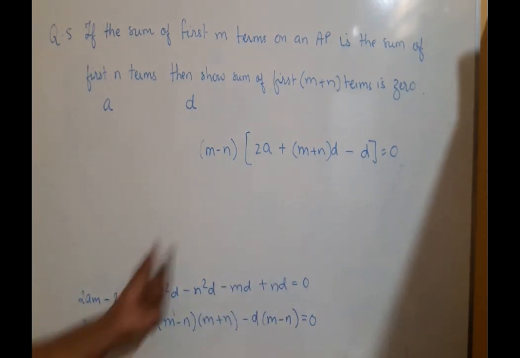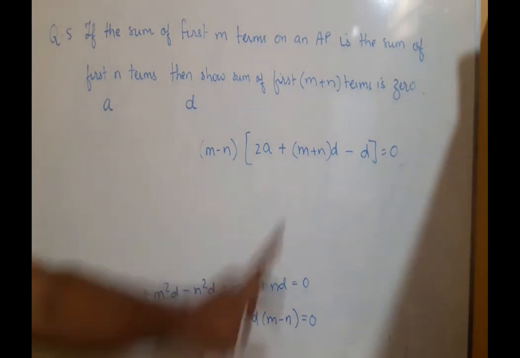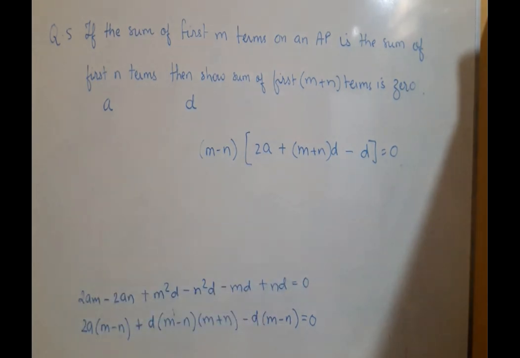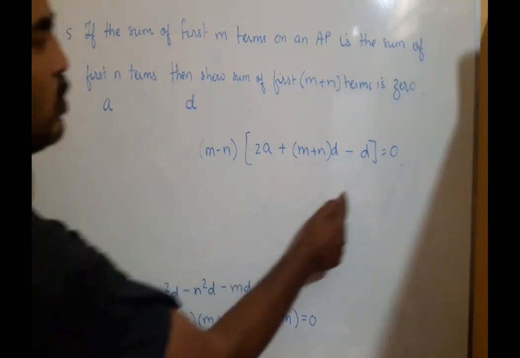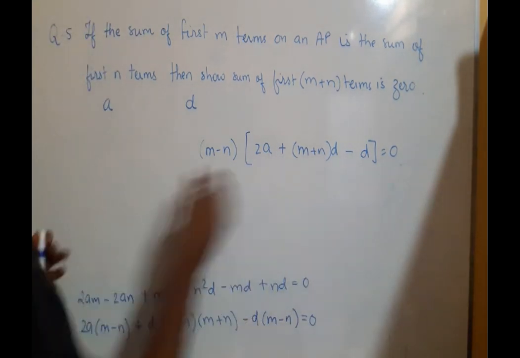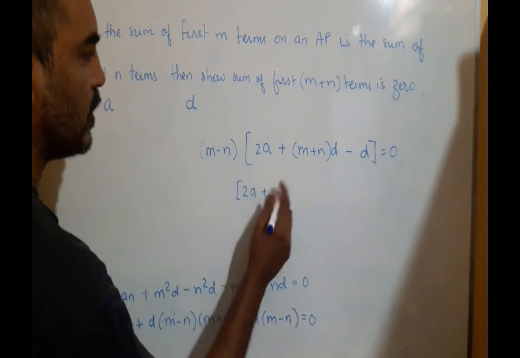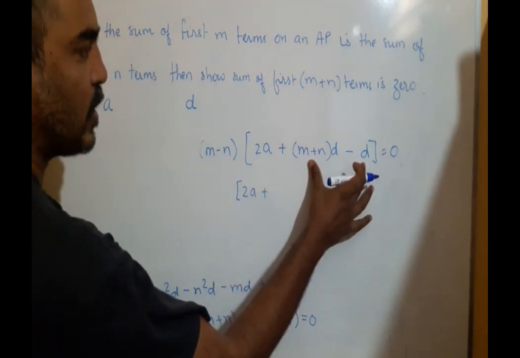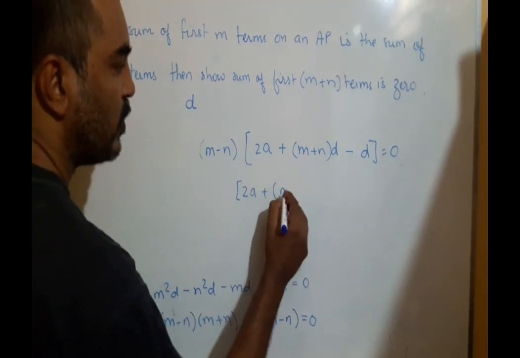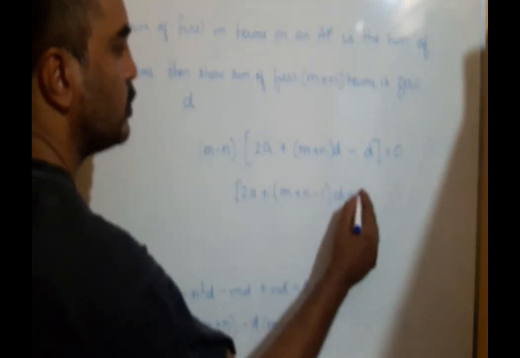Now m minus n goes down here. So 0 upon anything is 0, and here we'll write 2a plus, in these two things I take out the d common. So I am left with m plus n minus 1 d equal to 0.